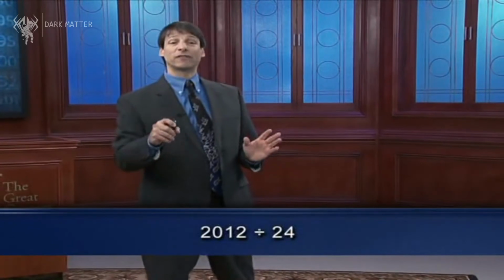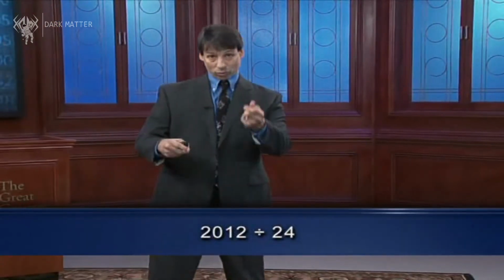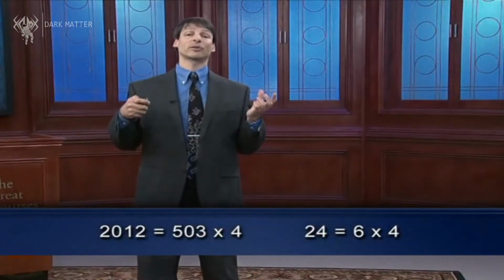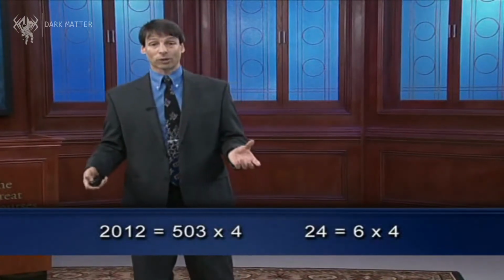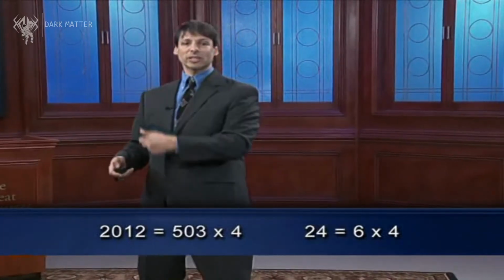If we change that problem by just a little, it becomes actually easier. Let's look at the problem 2012 divided by 24. We see that both numbers here are divisible by 4, right? Because 12 is divisible by 4, 24 is divisible by 4. Specifically, 2012 is 503 times 4, and 24 is 6 times 4.